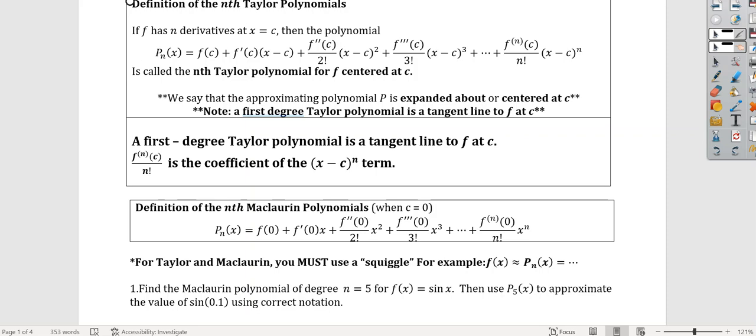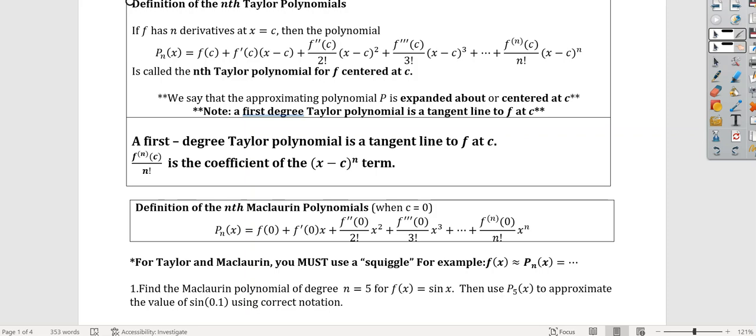And then you're going to be approximating for a certain value. If I'm trying to evaluate the sine of 0.1, which I'm going to do in a second, then I'll plug the 0.1 in for x. So C is where the function is centered, and that whole concept of the function being centered is what we're doing next week with intervals of convergence. And then the x is what you're actually trying to calculate.